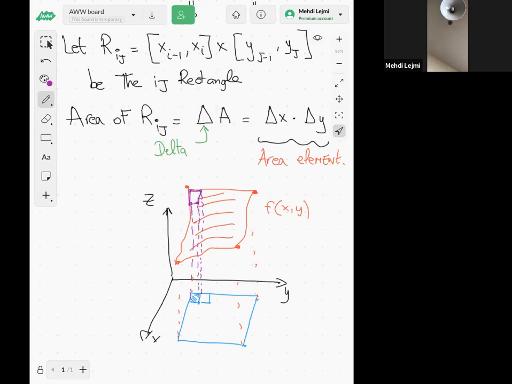Let's call this region Sij. Here's your small rectangle Rij, and this region here would be Sij.